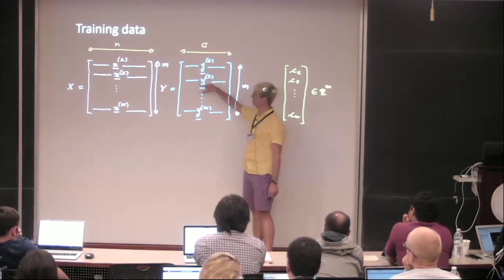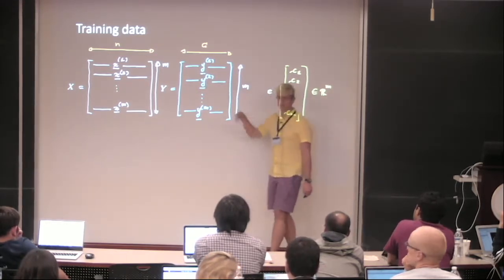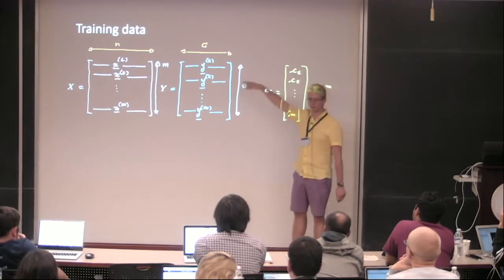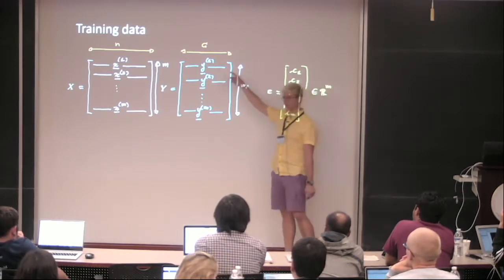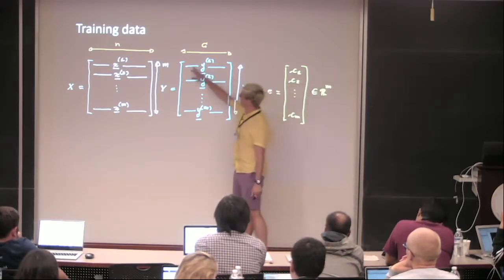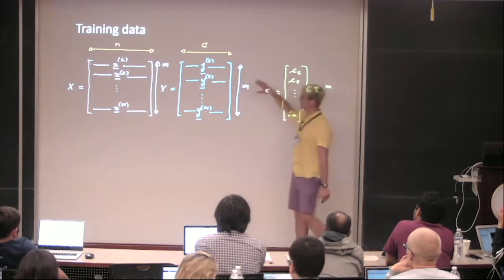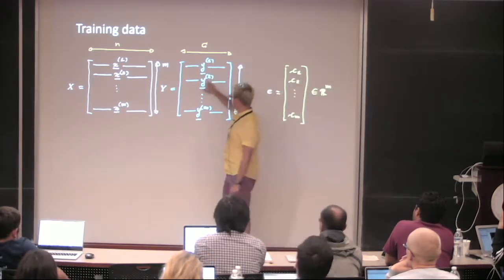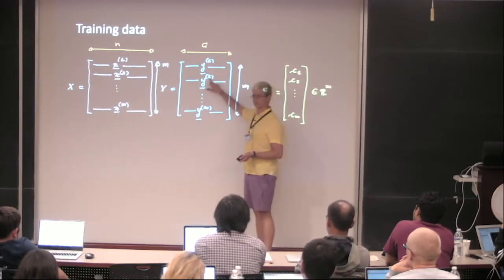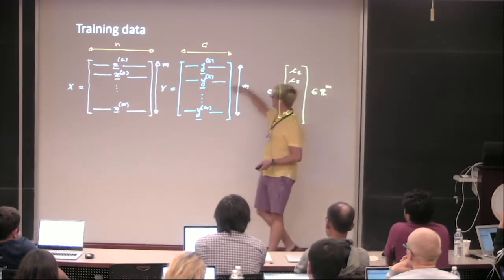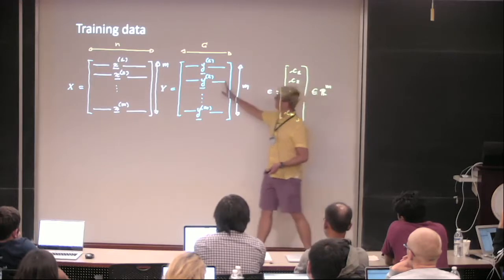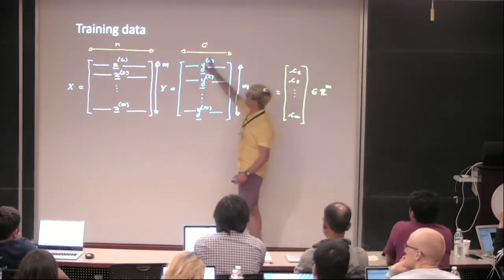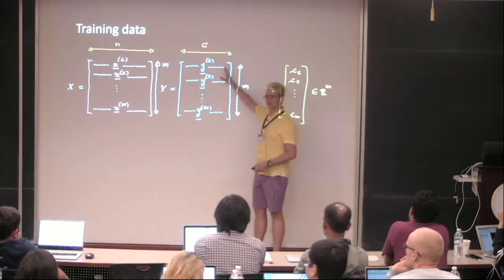There is a line underneath; if I drew them with a computer, I would make them bold. This is my label for the first example, this is the computer label for the second example, and so on. So we have m labels, and in this case we have capital C classes.